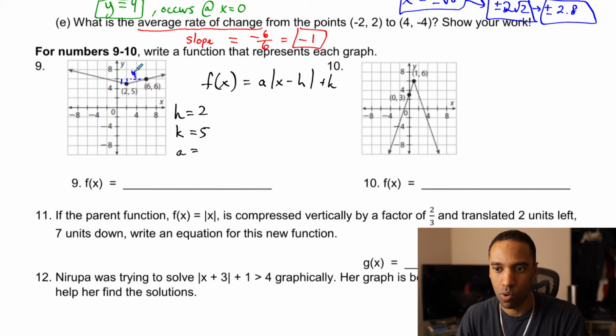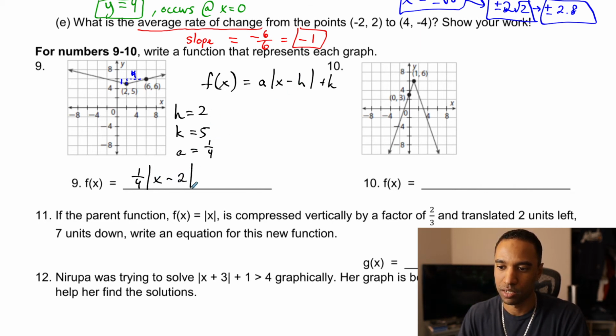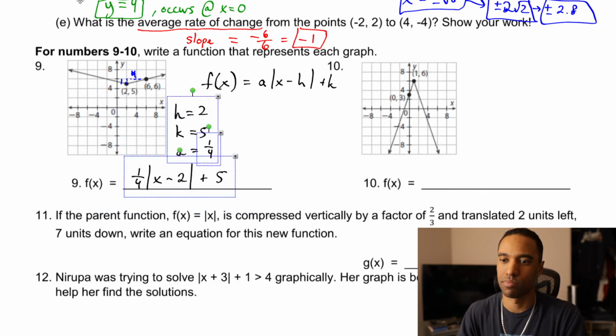We're rising 1 and we're running 4, right? From 5 to 6 is 1, 2 to 6 is 4. So your a value, or your slope, is 1/4. So let's write that out: 1/4 times the absolute value of x minus 2, opposite, plus 5, same. I can turn that all blue so that you can see that more easily.